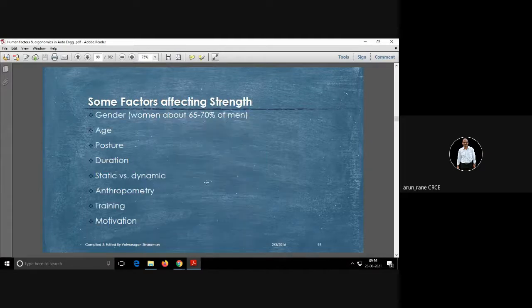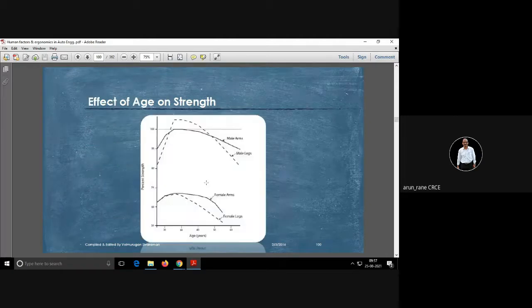This is the strength endurance relationship. These are the factors which affect the strength: gender, age, posture, sitting, bending, standing, and of course motivation also plays an important role. Age has an important role on strength. If a car or a workplace is to be designed for young people or for older people, it makes a lot of difference.